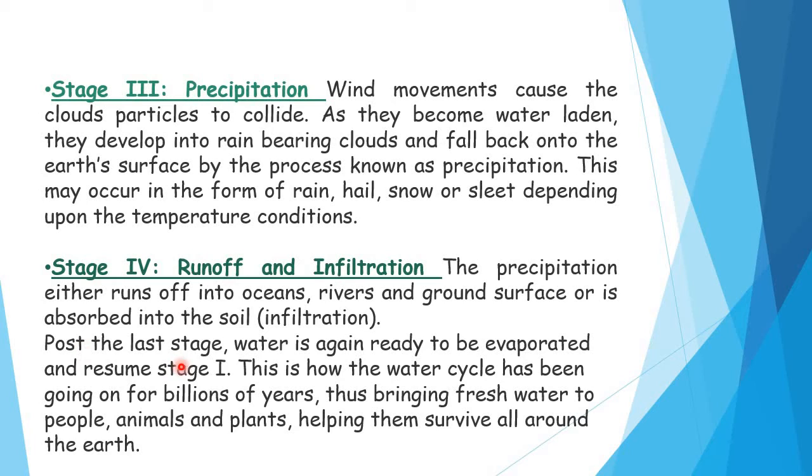After the last stage, water is again ready to be evaporated, resuming the initial stage, which is stage 1. This is how the water cycle has been going on for billions of years, thus bringing fresh water to people, animals and plants, helping them survive all around the Earth.